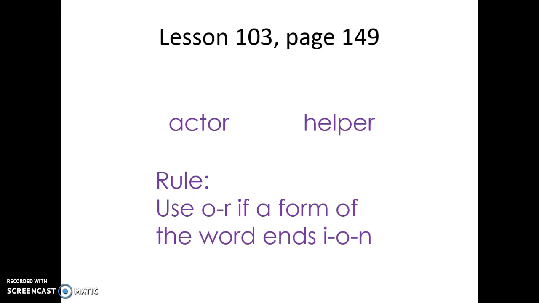Number 4, act, action, actor, A-C-T-O-R. Number 5, there's no I-O-N form, so we go from speak to speaker, S-P-E-A-K-E-R. Photograph, again, there's no I-O-N form, so we go from photograph to photographer, P-H-O-T-O-G-R-A-P-H-E-R.